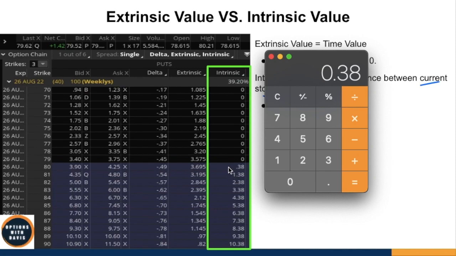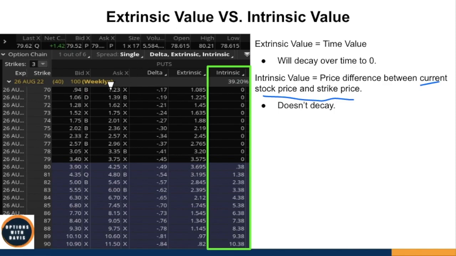Intrinsic value is just the difference between the stock price and the strike price, which also means that this is the value that you will make if the market was to go up by that amount. So for example, if the market was to go from right now 79 up to say $85, $5.38 is the money that you make, because when it moves $5, this $5.38 will become zero, because there's now no longer any intrinsic value, and that is the amount that you will make.